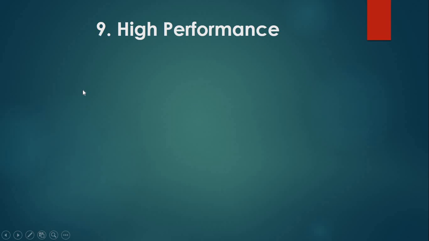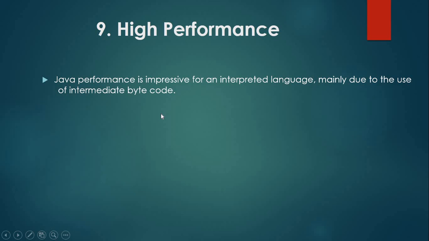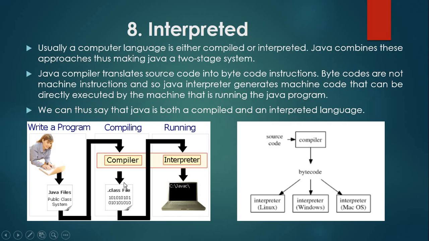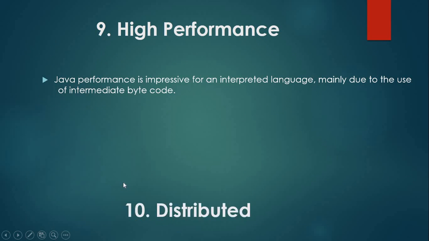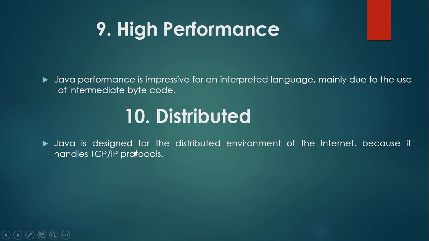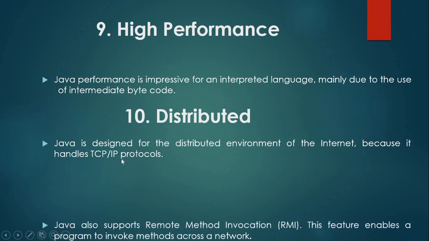Ninth one is high performance. Java performance is impressive for an interpreted language, mainly due to the use of intermediate bytecode that we have already discussed here. Tenth is distributed. Java is designed for the distributed environment of the internet because it handles TCP and IP protocol.